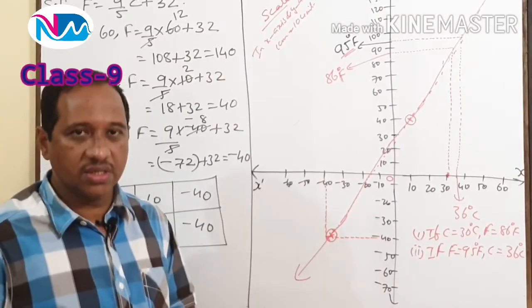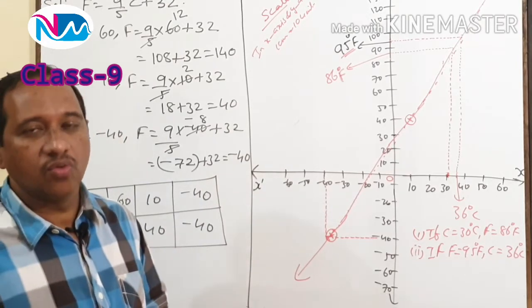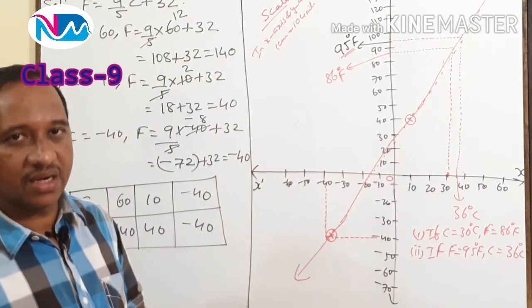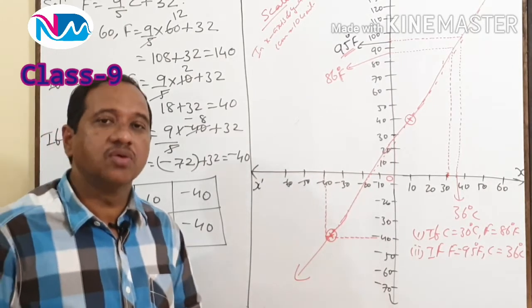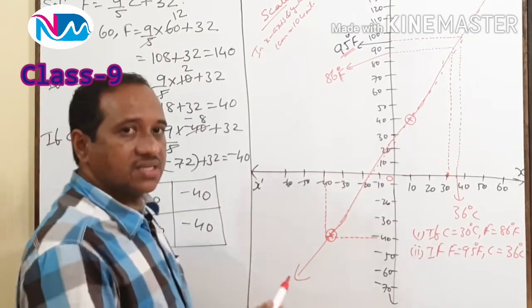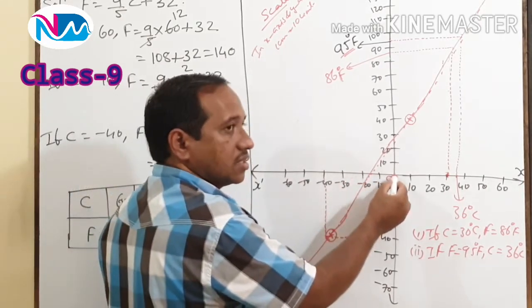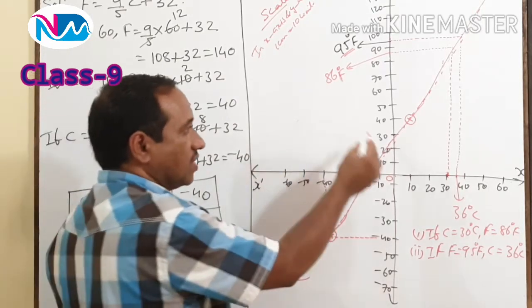Now, the fourth question. If the temperature is 0 degrees Celsius, what is the temperature in Fahrenheit? And if the temperature is 0 degrees Fahrenheit, what is the temperature in degrees Celsius? If the temperature is 0 degrees Celsius, then you have to find the point where the graph intersects the y-axis.